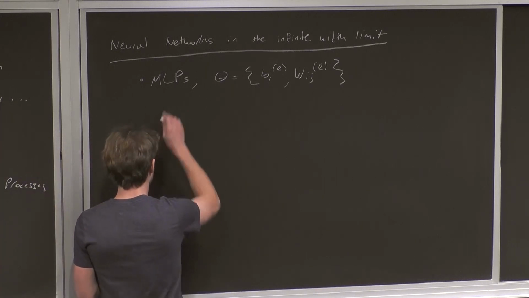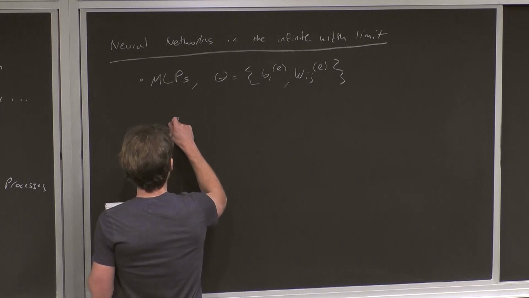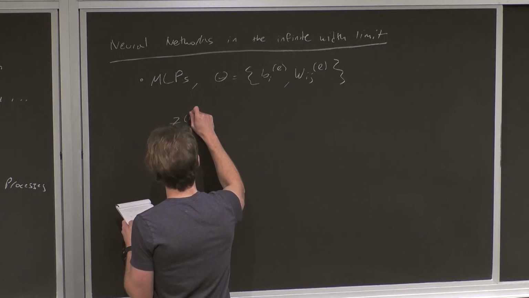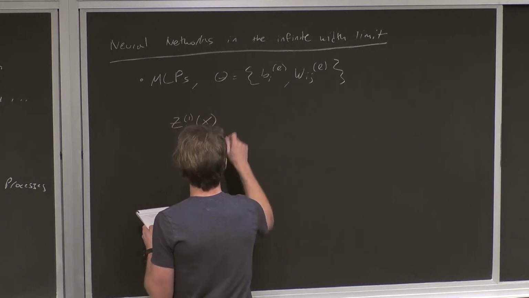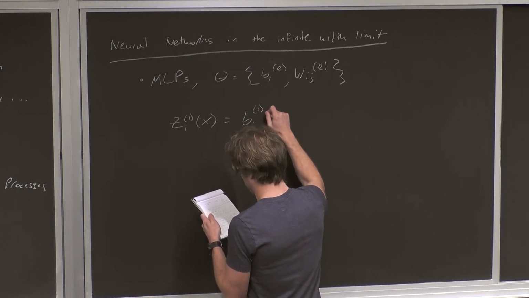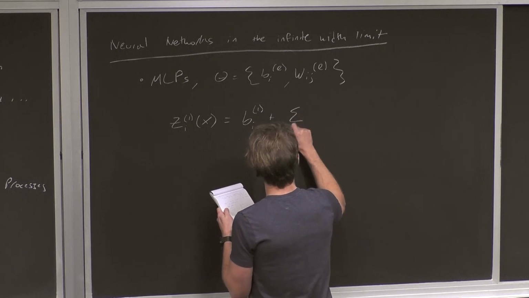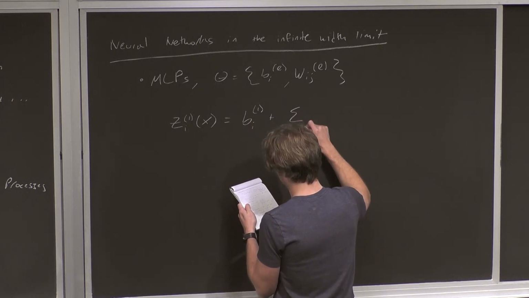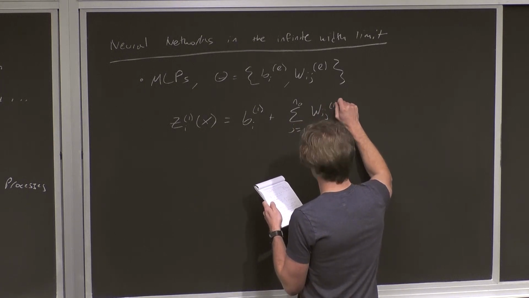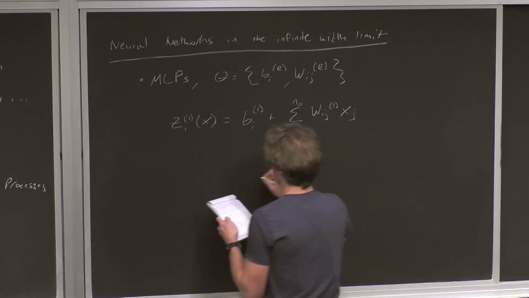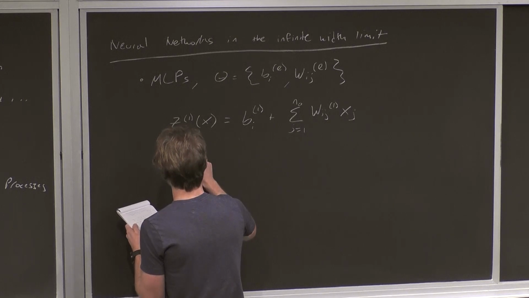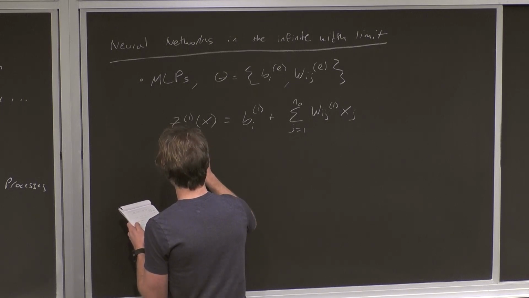And so we can define this sort of network in the following way. The pre-activation z at the first layer, and x will be my input, is equal to the bias plus the weights acting on the input, as you're all very familiar with. And then the pre-activation at layer L is defined recursively in the following way.